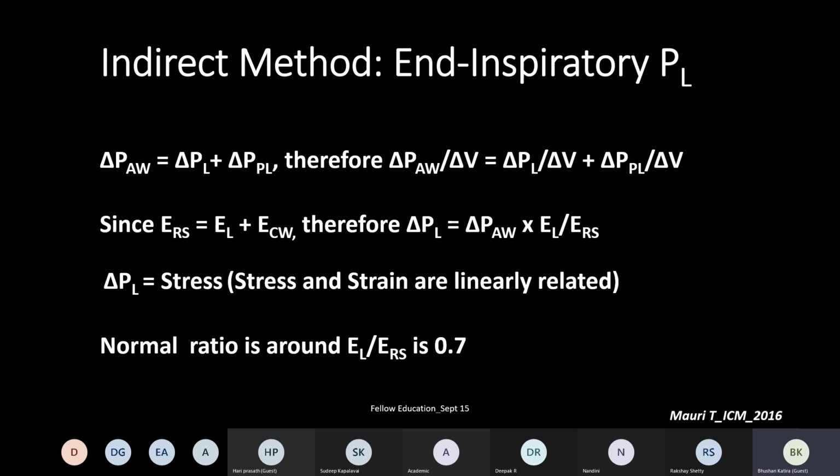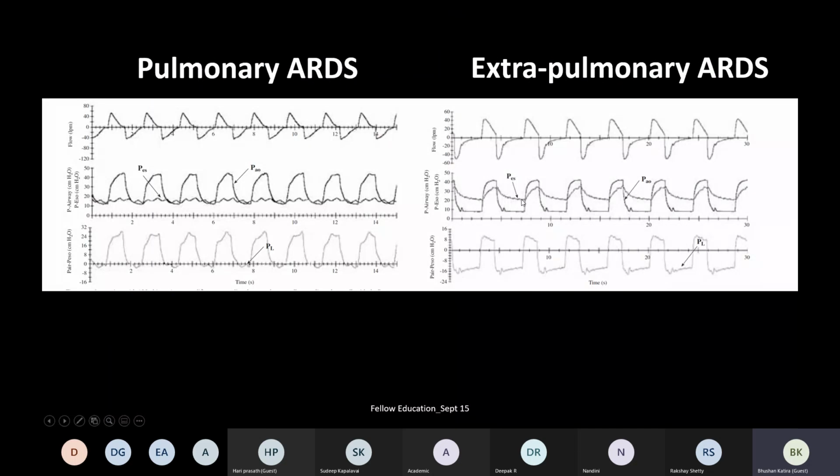All of that mathematically will get tied in, but it needs to be done a little bit carefully and understood what we're doing. More important is the physiology. And once you measure the swings, you know that the more the swings, for instance, in this example, where the swings in esophageal pressure are larger than the swings in esophageal pressure here, it suggests that if you have a lot of swings in esophageal balloon, then the chest wall elastance is higher and the lung elastance is maybe not that bad and you can use more airway pressure.